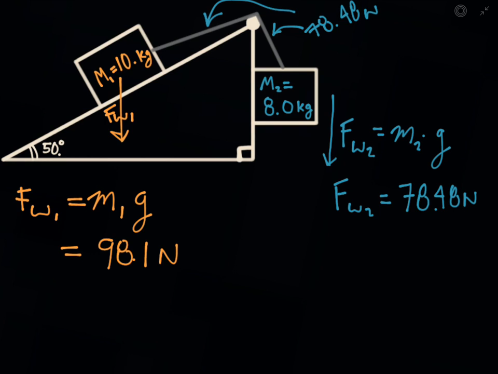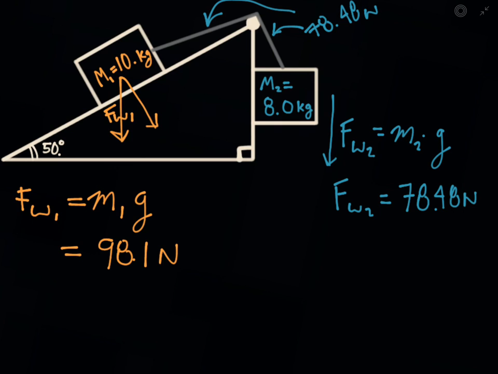This object is not accelerating downward through the surface. So we have a normal force acting up on it. We don't really know what that normal force is, but we do know that it's equal in magnitude to the component of the gravitational force acting downward in this direction, like that.